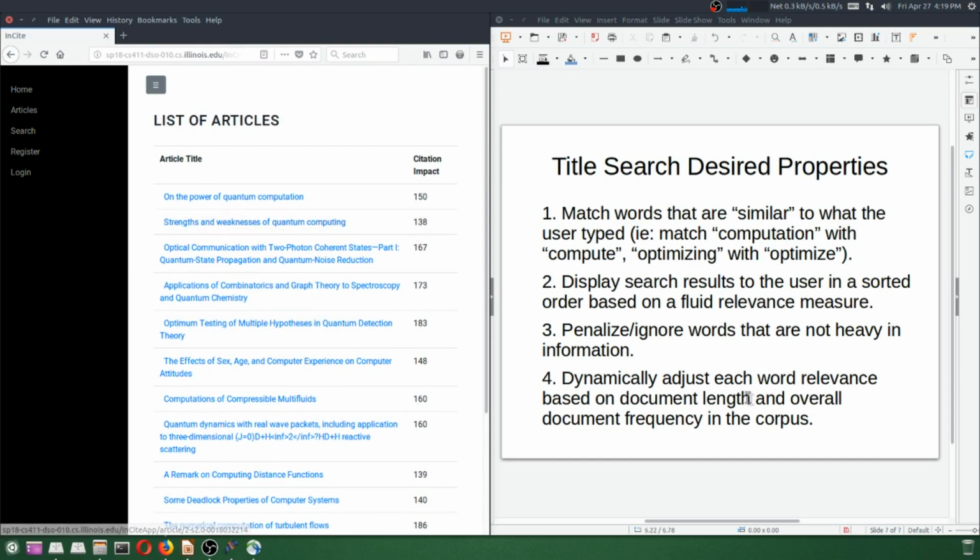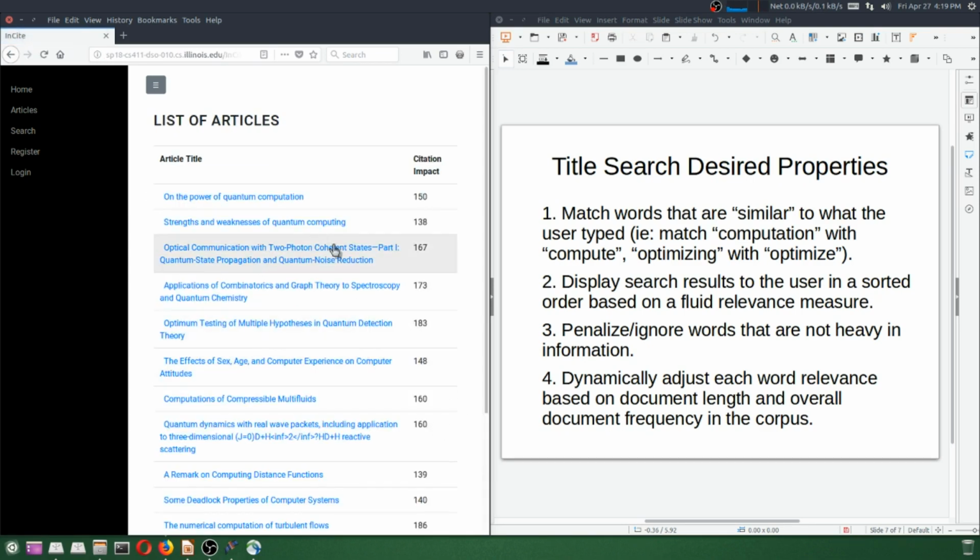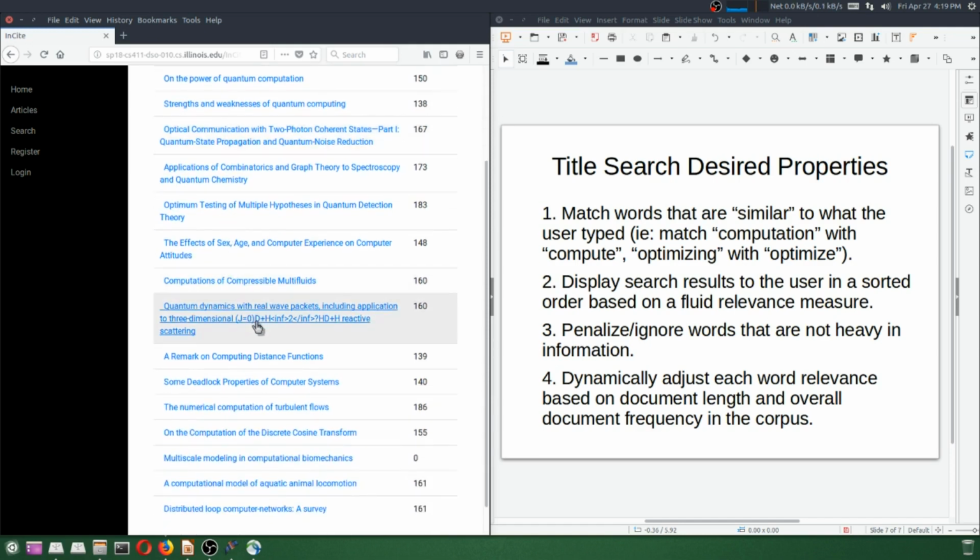And to demonstrate that we in fact do ignore words that are not heavy in information, I'm just gonna say something like, quantum, well, the quantum computing is awesome. Awesome might not be considered irrelevant, but is and the should be, right? And you can see that the search result didn't really change.